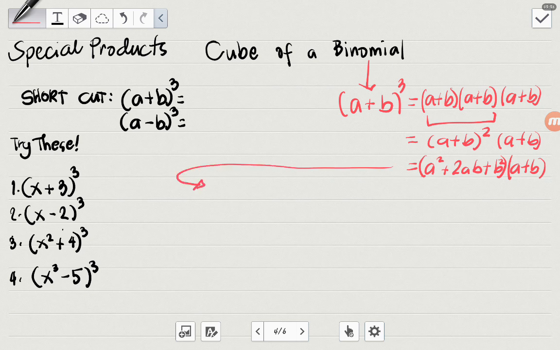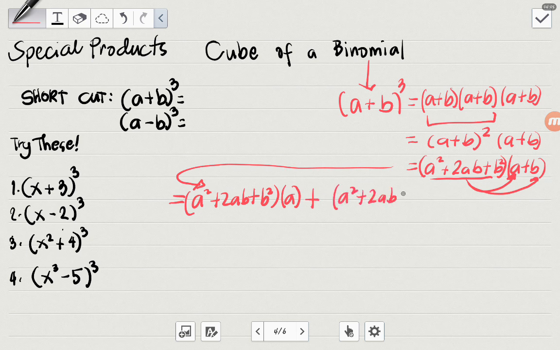So, sa distributive property, all you have to do is multiply this first factor to the first term, and then this trinomial multiply to the second term of the second factor. So, now let's multiply. So, that's a square plus 2ab plus b square times a, plus a square plus 2ab plus b square times b.